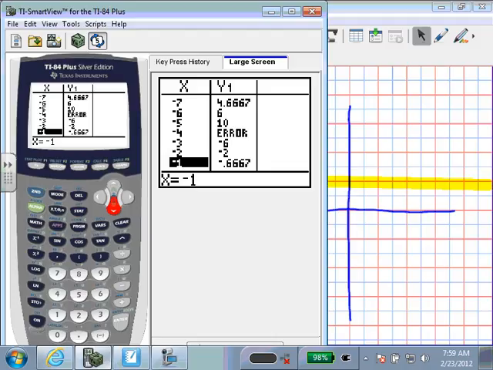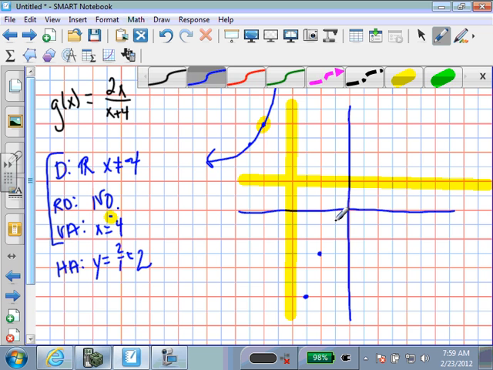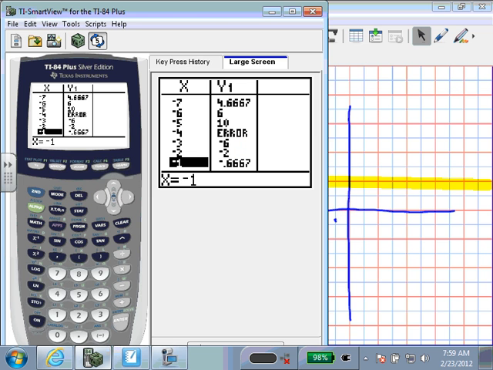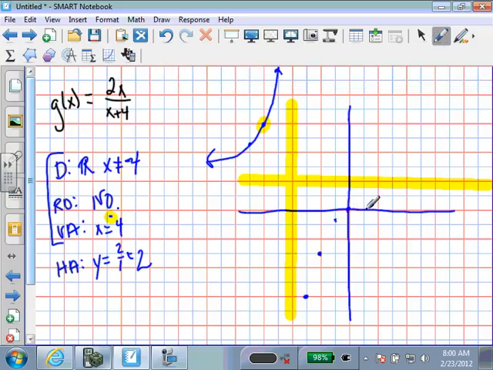And negative 1 was at negative 0.6 repeating. If you want to grab more, that's very conscientious. The 0 is at 0, and 1 is at 0.4. But at this point, I can see that this graph is going like this.